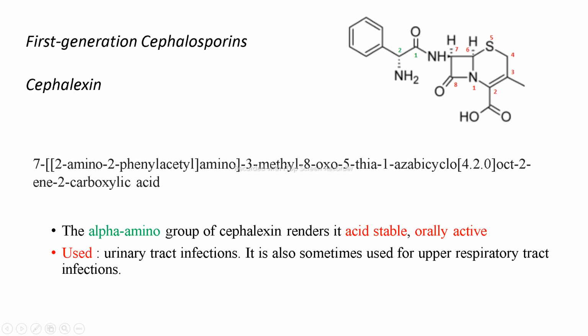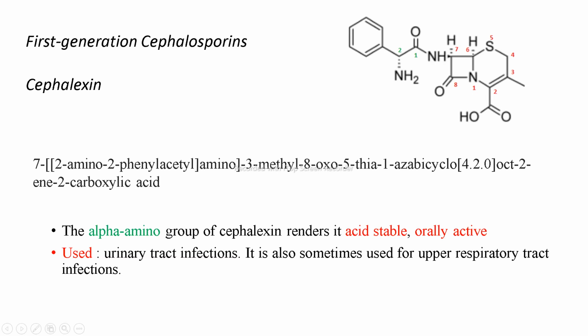So what is the other substitution? Now, cefalexin. Cef-, Ph stands for phenyl, and A stands for aza. Aza means nitrogen. Generally, if we say nitrogen, then you can recall the derivative of nitrogen, that is the amino group.